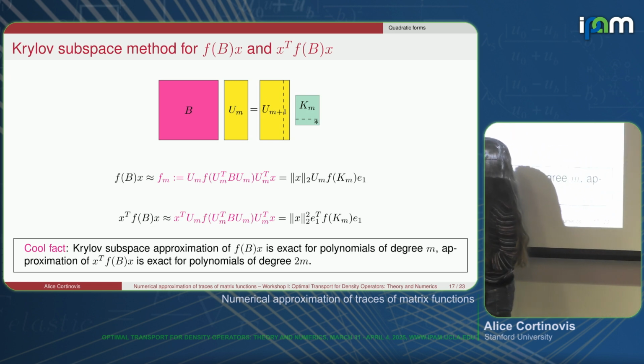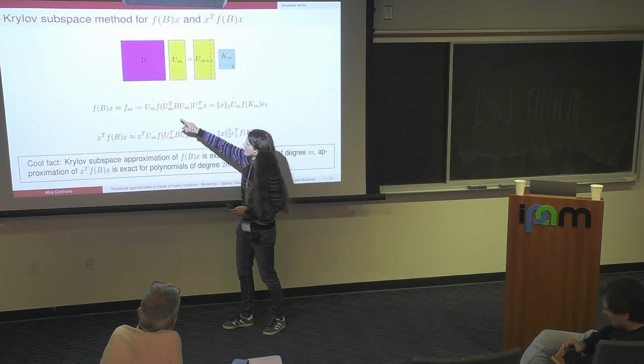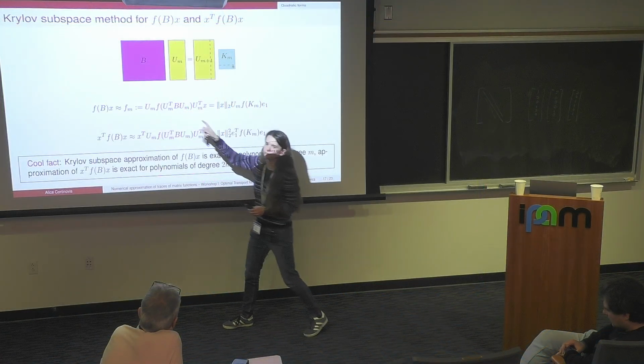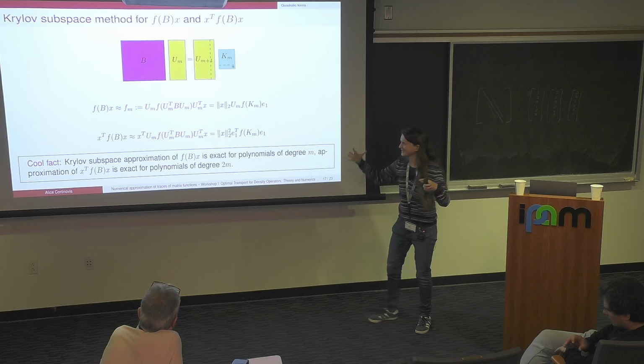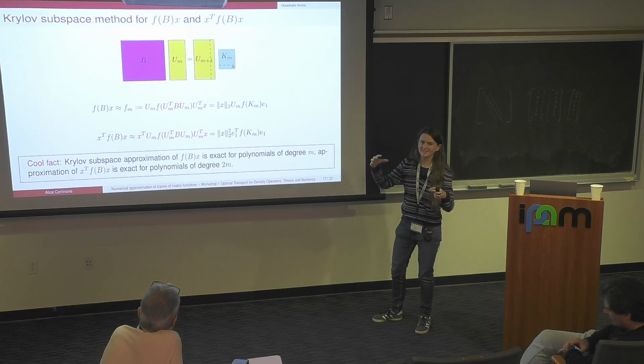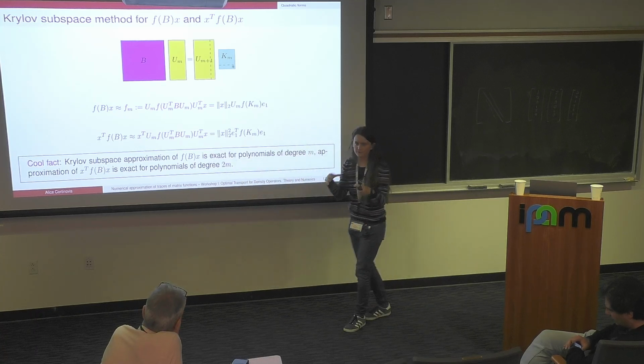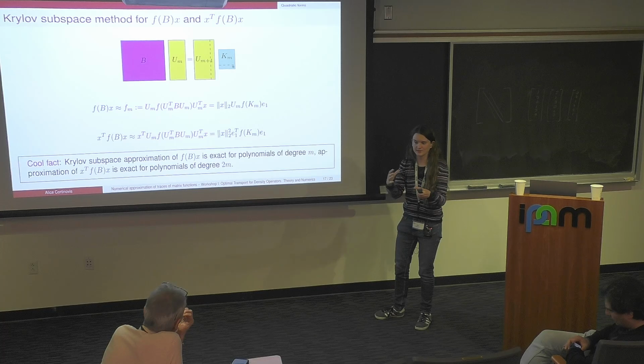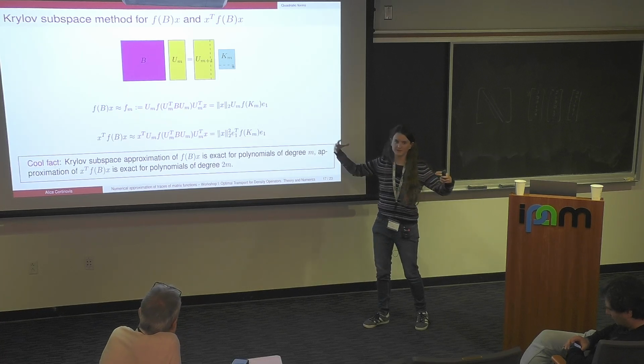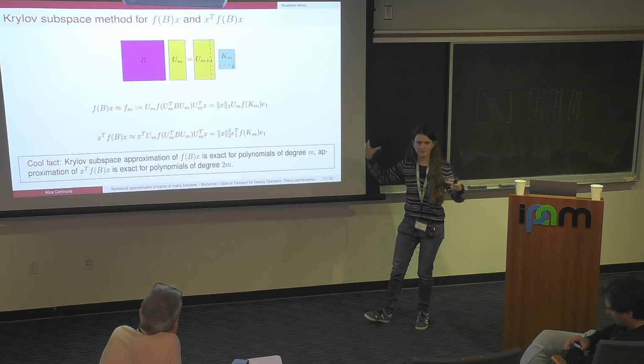This is basically saying that you're taking V_m transpose B V_m, which looks like a sort of a compression of B onto the Krylov subspace you computed. Then you compute f of that. Now it's f of a small matrix, so you can do that via diagonalization or whatever you want. And then you make it bigger again by multiplying with V_m on the other side. Okay.